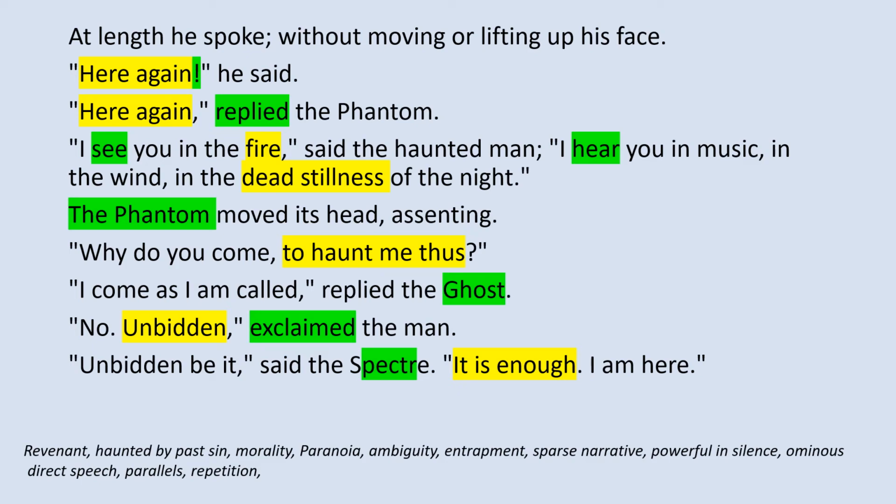Suspense is created because we don't know what this being is. So maybe this is some kind of revenant, haunting from the past, paranoia. We're never really sure. Is it the terror of the mind, as Poe sort of seemed to focus on? The power is in the silence.